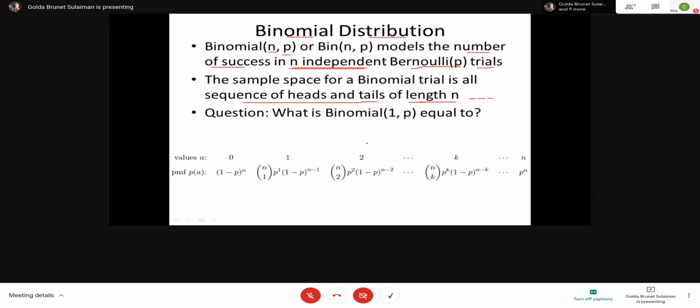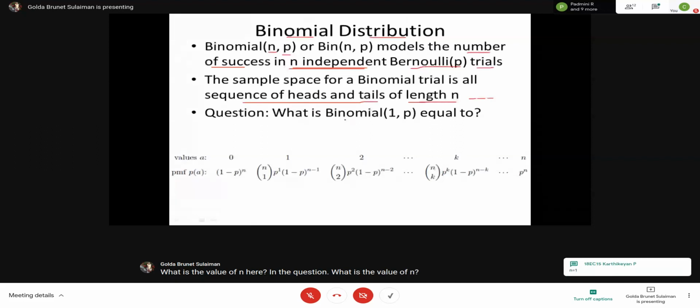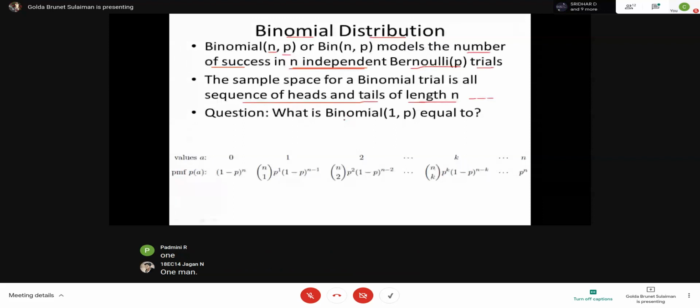What is the value of n here in the question? What is the value of n? 1, ma'am. Everybody has 1, right? Yes.